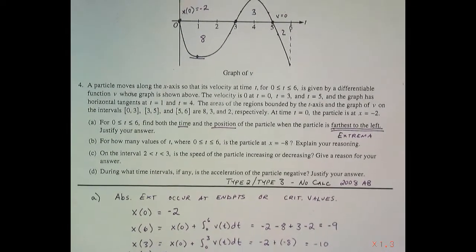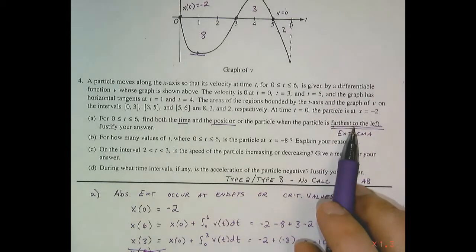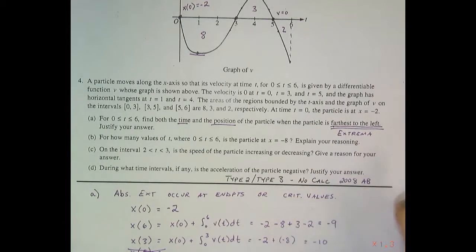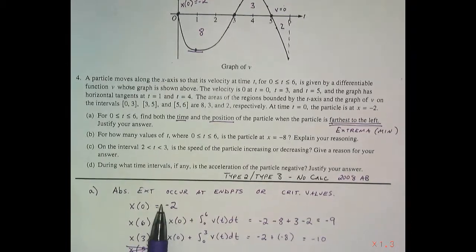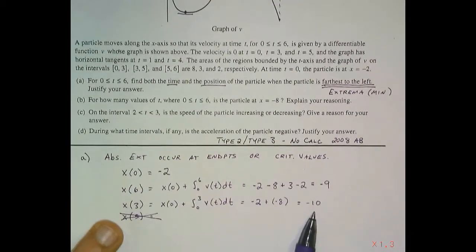The question says farthest to the left, so we're looking for the absolute minimum. Specifically, I'll write that there, minimum. So negative 2, negative 9, negative 10. Looks like negative 10 is the minimum.